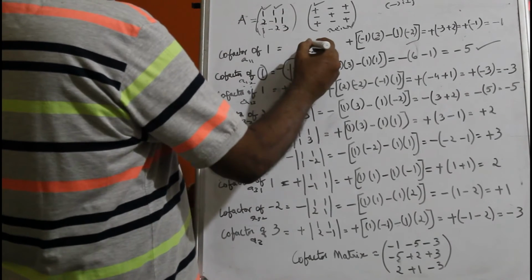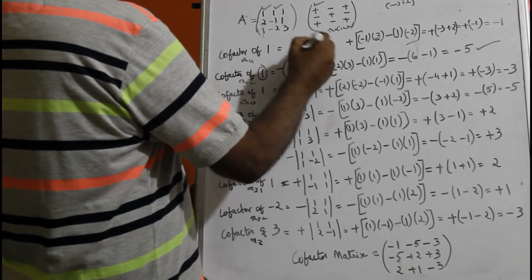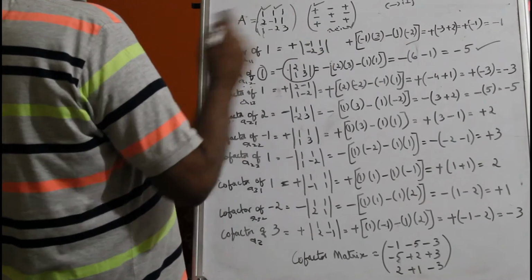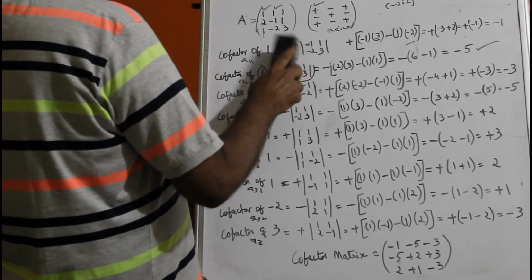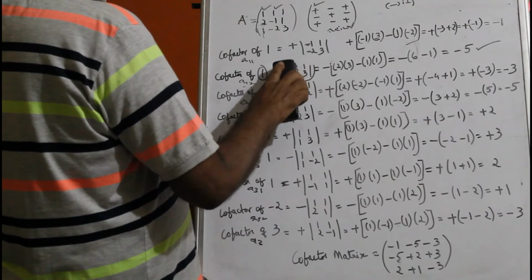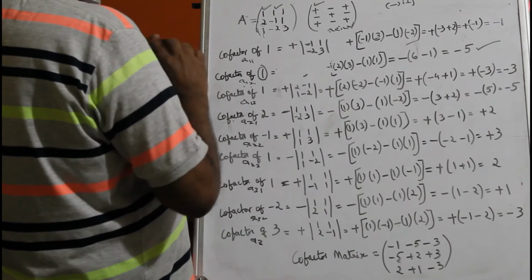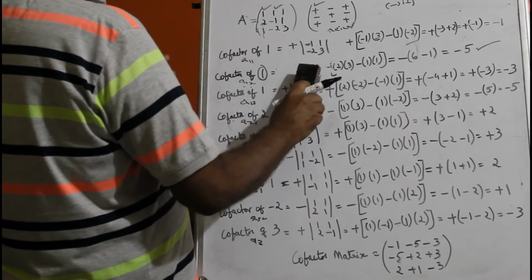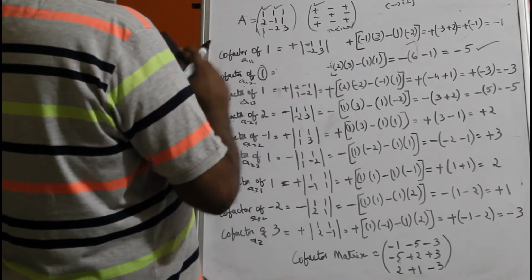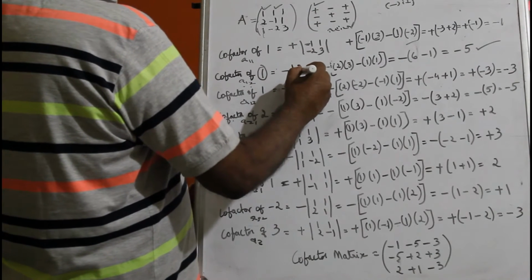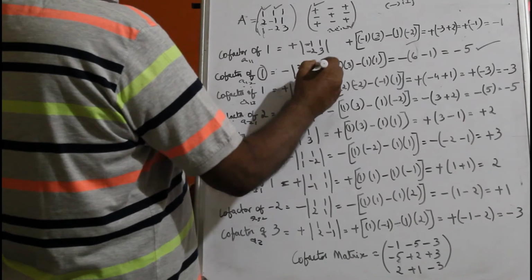So this is called the minor of 1, so you can put the plus. You put this minus and write 2, 1, 1, 3.